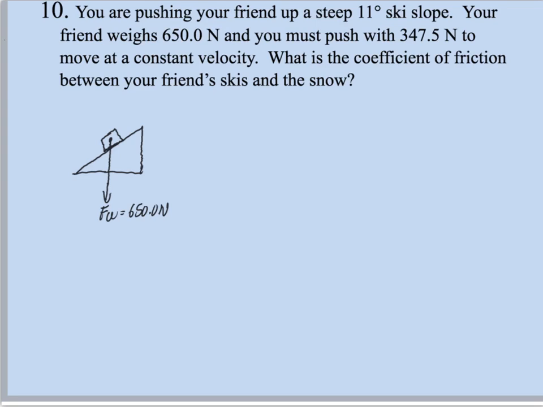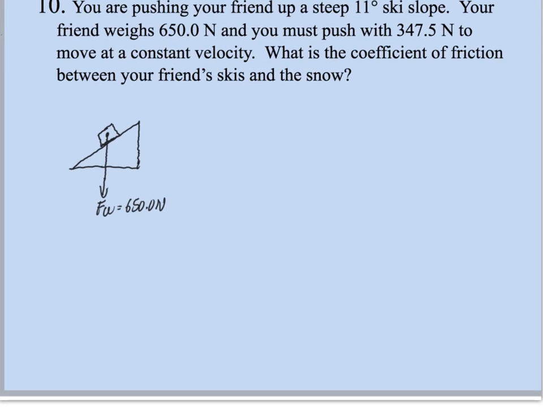Where is that normal force going to go? Well, the normal force is going to go perpendicular to the surface. So we're going to draw a vector going like that, and we'll label that Fn for normal force. All right, now we are pushing our friend up the hill.